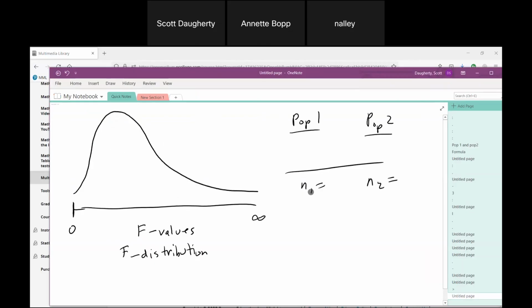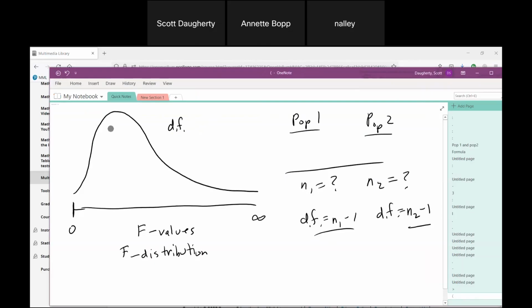You're going to have a sample size for the first one, which we'll call N1, whatever that is. And then we'll have a sample size for the second one, which we'll call N2. The degree of freedom for this one is one less than the sample size, so it's N1 minus 1, and the degree of freedom for this one is also one less than the sample size, so it's N2 minus 1.